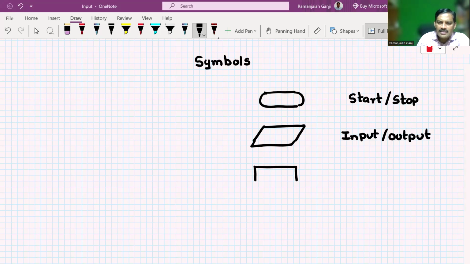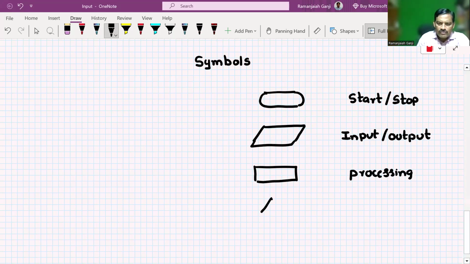And the rectangle is for computation, calculation, processing activity. If you want to write something, you may write processing or calculating, computation. Anything is okay. Processing.